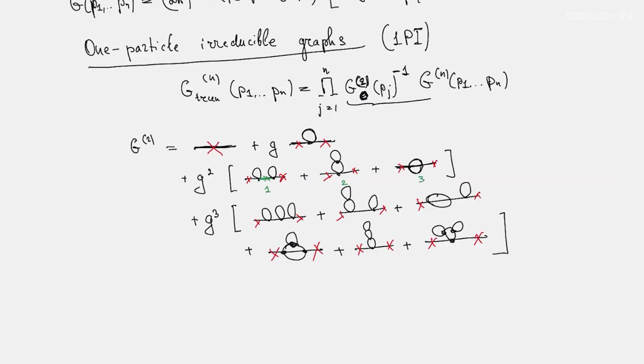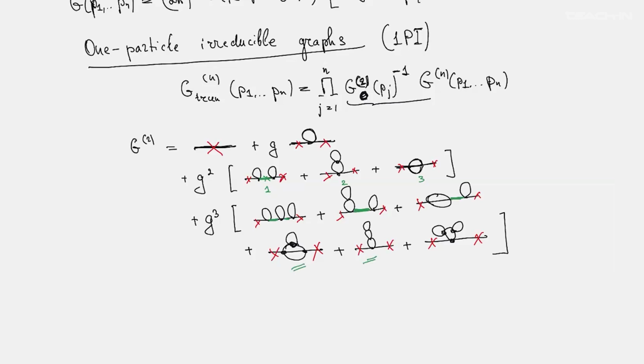Whatever internal line of graphs 2 and 3 I delete, my graph will not become disconnected. Here at order g cubed, it is a similar story. I can delete either this line or this line, and then the first graph becomes disconnected. Here I can also make this disconnected by dropping this line. Here also, if I drop this one internal line, it becomes disconnected. This graph is connected, this is connected, and this is connected.